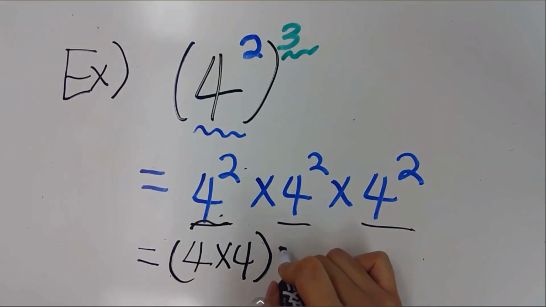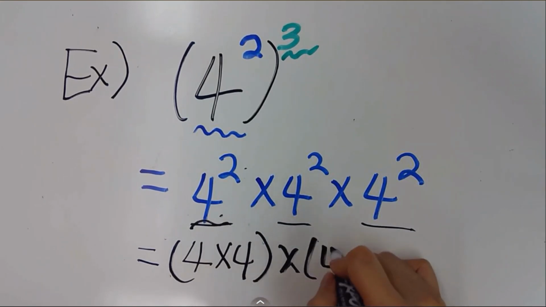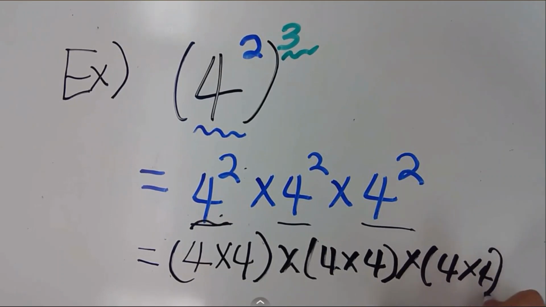So we have 4 times 4 times 4 times 4 times 4 times 4 in total. Now how many 4s are there in total now? There are 1, 2, 3, 4, 5, and 6. Or in different words, there are 3 groups of 2 4s that are being multiplied.